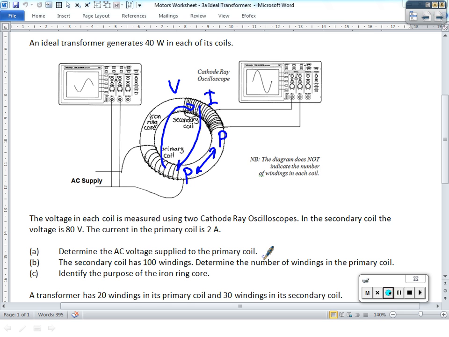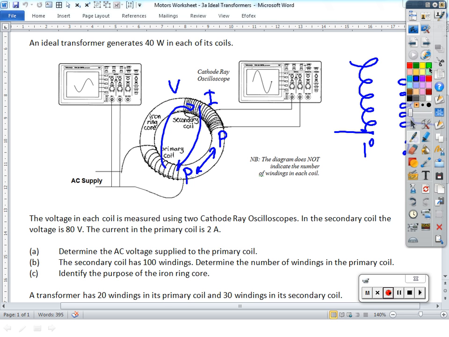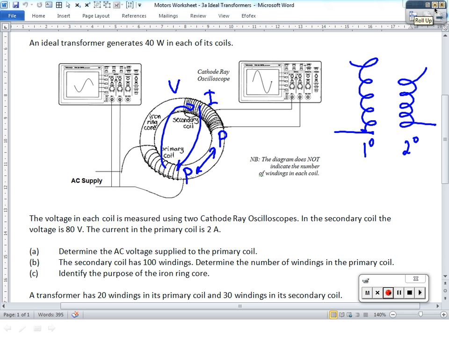Let's just draw it out that way. Don't care if there's any difference in the size. That's the primary and the secondary. We're going to put on what we know. We know that the voltage in the secondary coil is 80, and the current in the primary coil is 2 amps.